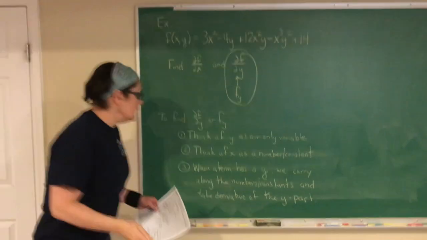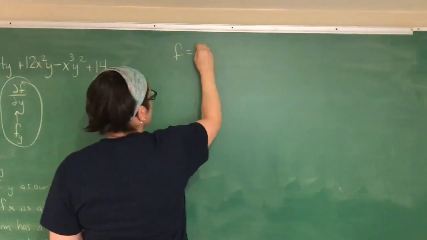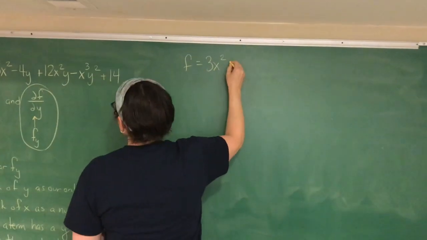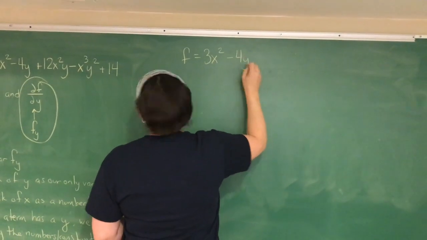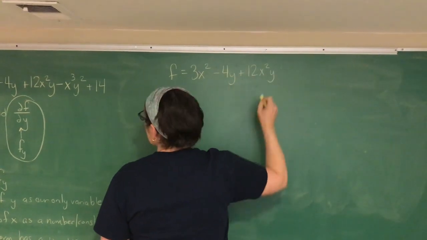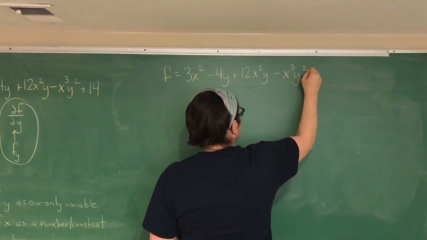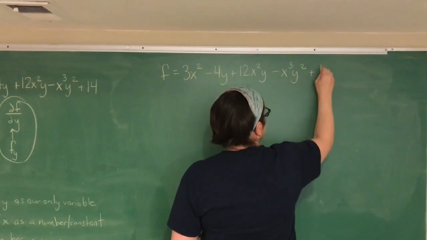Okay, so let's look at it for our specific example. Our function is f equals 3x squared minus 4y plus 12x squared y minus x cubed y squared plus 14.